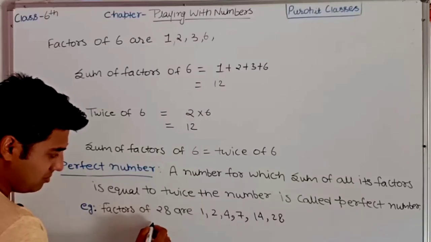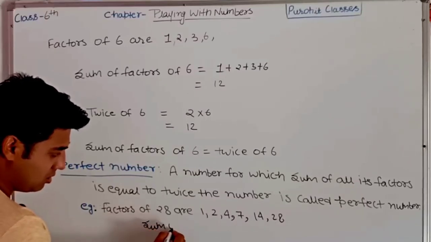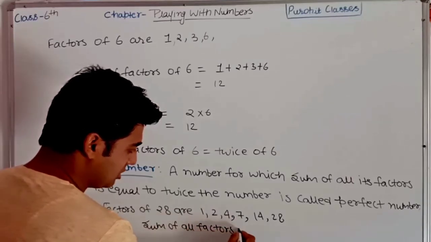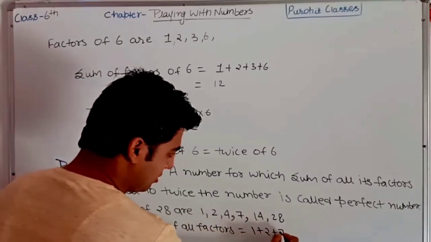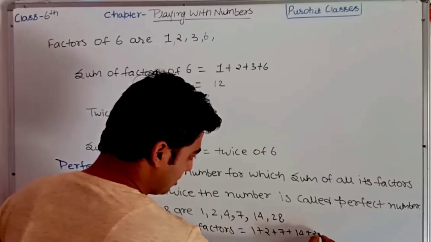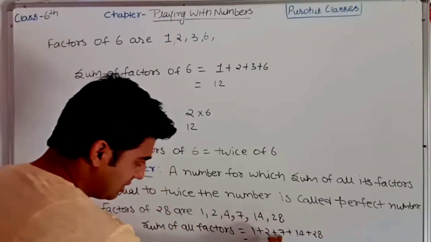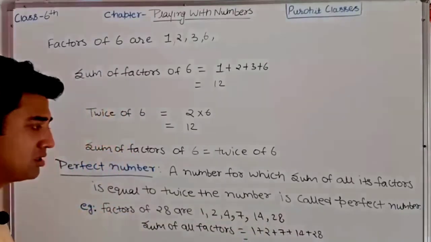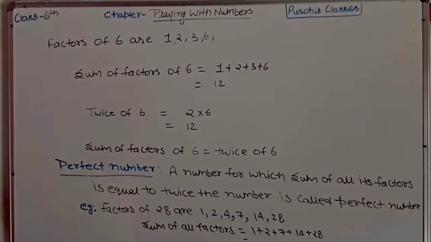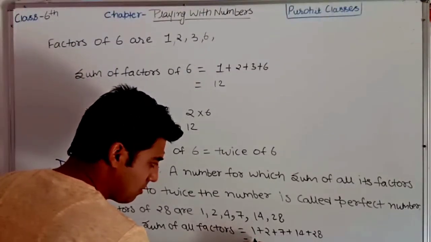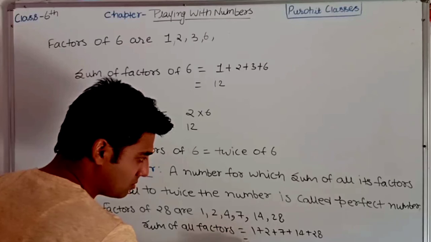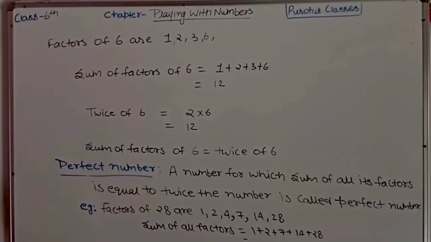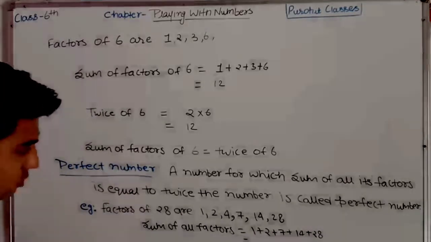Let us find the sum of all factors. It is equal to 1 plus 2 plus 7 plus 14 plus 28. If we find the sum, 7 plus 2 is 9, plus 1 is 10, 10 plus 14 is 24, and 24 plus 28 will become 56. What will it be? 56. 1 plus 2 plus 4.